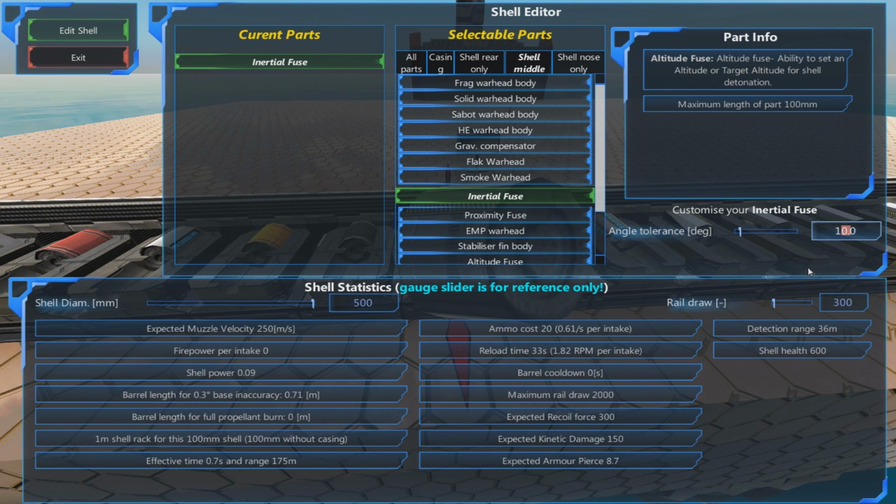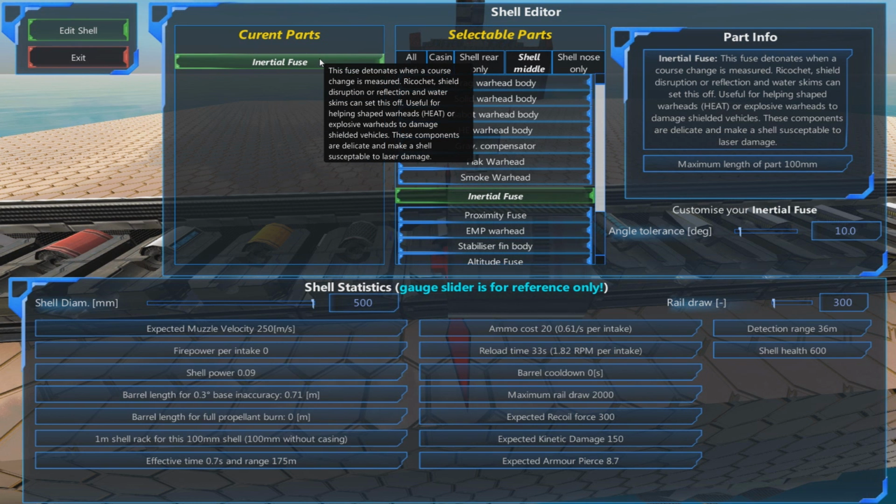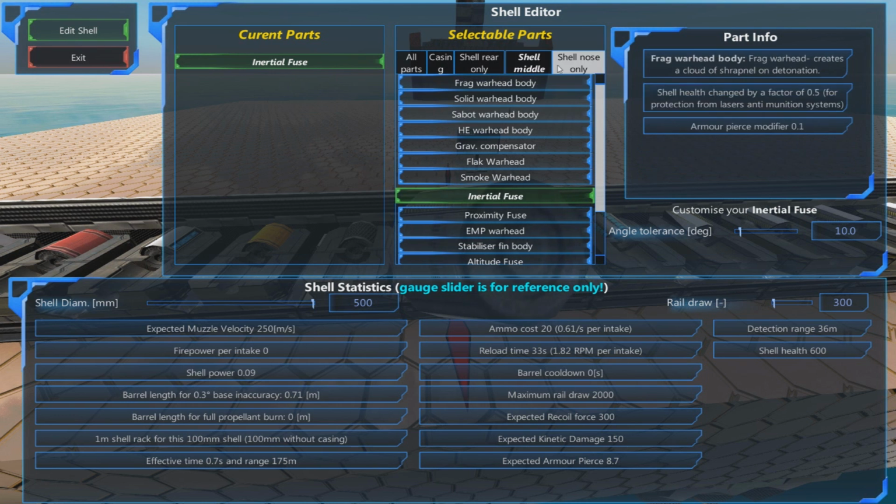And I actually find it's sometimes helpful to set this a wee bit higher than the default, because otherwise it'll explode when it hits water too readily, and that's no good. Sometimes you want to hit a ship's hull below the waterline, and if your inertially fused shells explode too early, they don't do anything. And the reason you're probably not going to see this component as much as you used to is because shields are not in a good way right now.